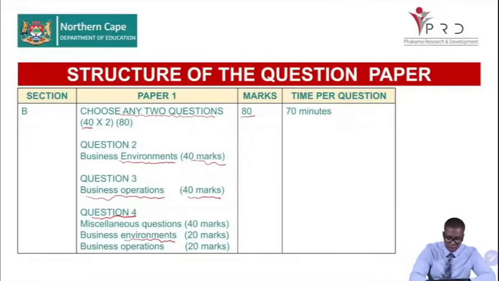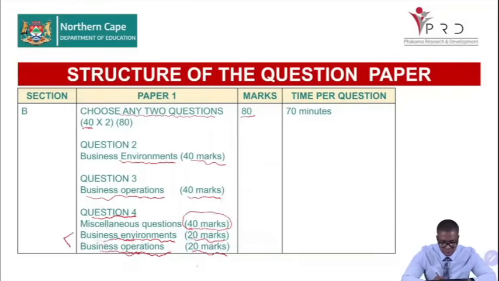Both the business environment and the business operations, and wherein they are allocated 20 marks each to make question 4 have 40 marks. So it is very, very important that now when you look into the breakdown of section B, where we say question 3, question 2, and question 4 will be having such main topics, be aware that with question 4, both main topics are being assessed. You'll have questions from the subtopics under the business environment and questions from the subtopics under the business operations.